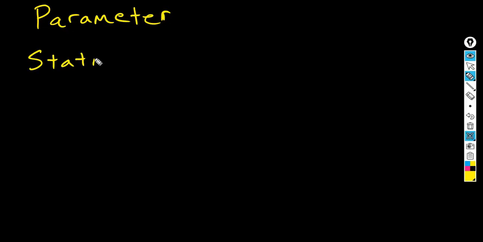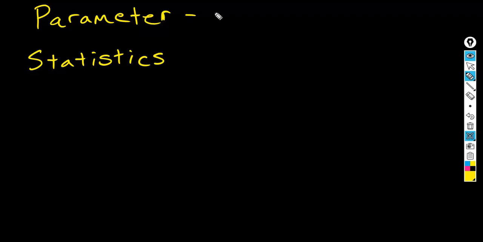All right, so one of the first things I want to point out, and this is something that we're going to see in just a little while, is that there are differences in how we notate parameters and statistics. Parameters, if we remember, are the facts or figures about a population, right? We use all the data that we could to calculate that parameter.